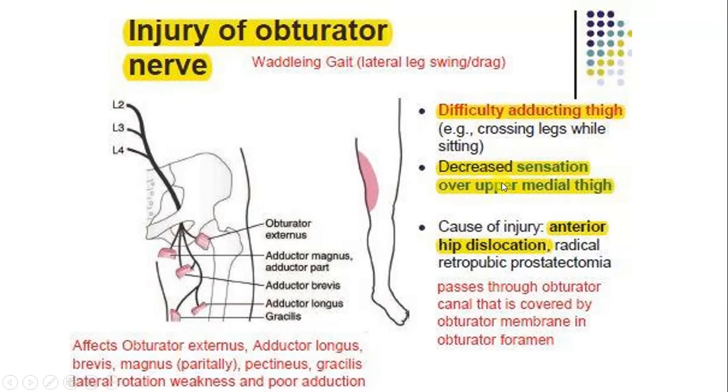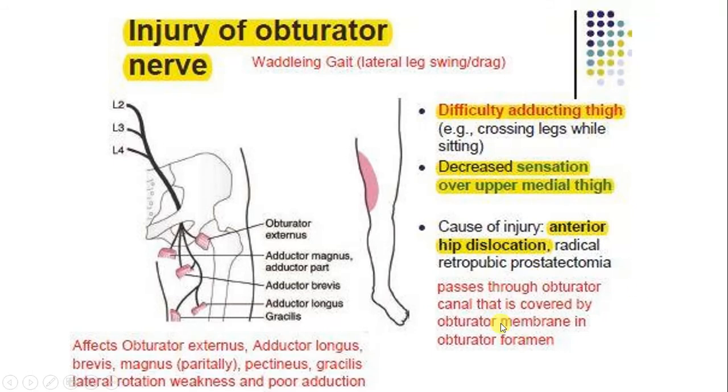The adductors are paralyzed, so adduction will be impaired, and obviously the sensation on the medial side will be impaired. It can be caused by anterior dislocation of the hip joint or prostatectomy, or carcinoma of the prostate.